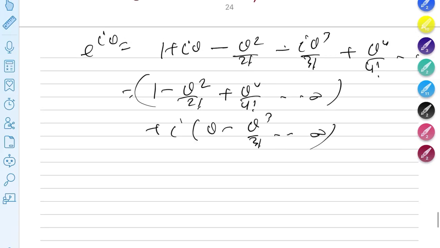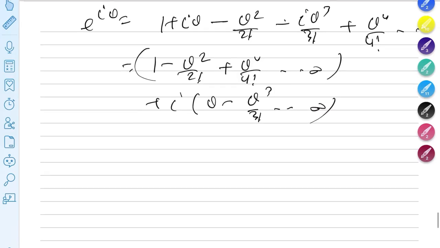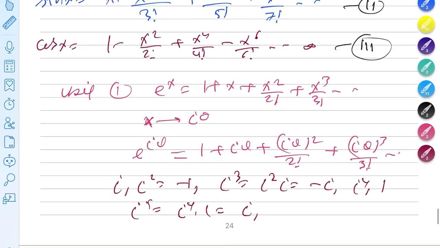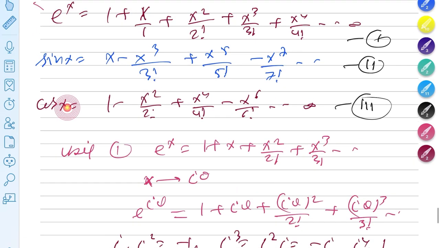So basically we have e to the power i theta, where the real part is 1 minus theta square by 2 factorial plus theta to the power 4 by 4 factorial, whereas the imaginary part is theta minus theta cube by 3 factorial plus theta to the power 5 by 5 factorial, and so on up to infinity. If you look at the term 1 minus theta square by 2 factorial plus theta to the power 4 by 4 factorial, it is nothing but the cos term. Cos theta is 1 minus theta square by 2 factorial plus theta to the power 4 by 4 factorial, and so on.